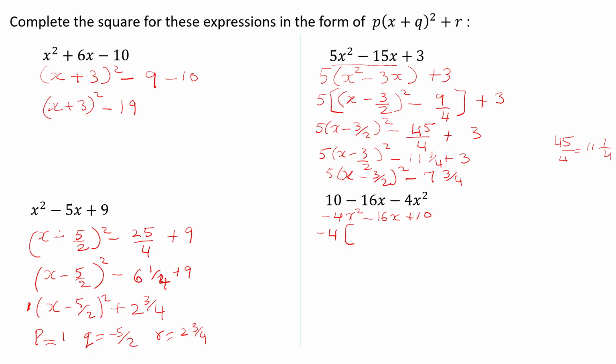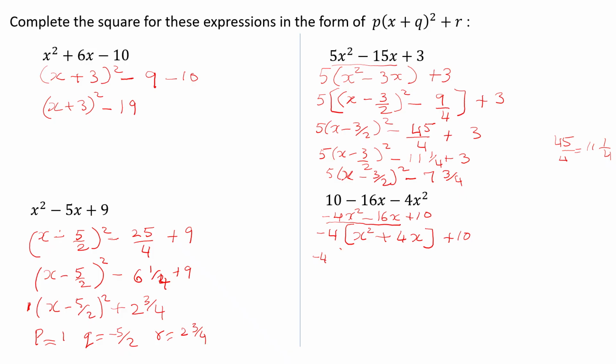So I'm going to factorize the first two terms. So negative 4 times x squared, negative 4x squared, plus negative 4 times 4x, negative 16x, and plus 10.